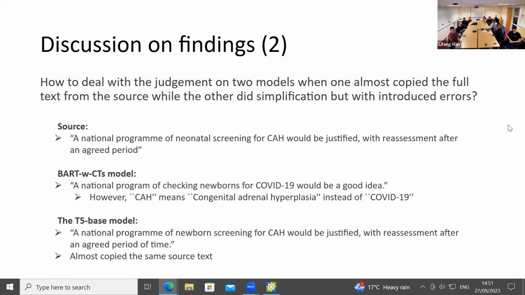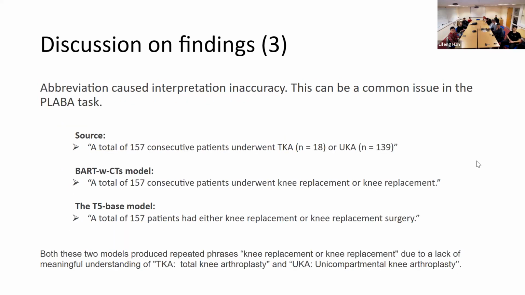And then we have another example. Sam, you were mentioning. Okay, so here we have another example of such an issue, where an abbreviation caused interpretation inaccuracy.